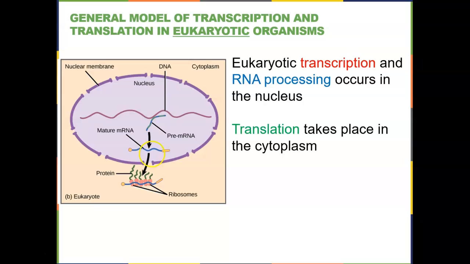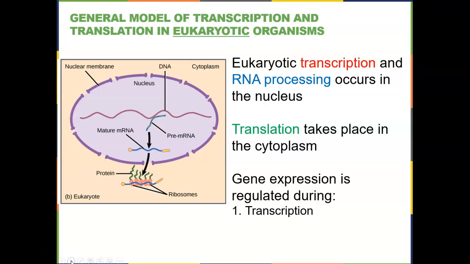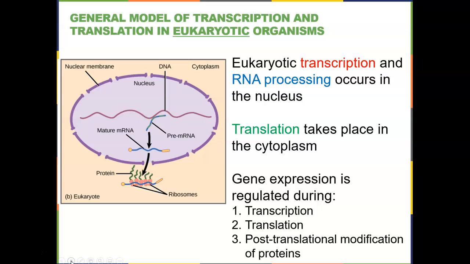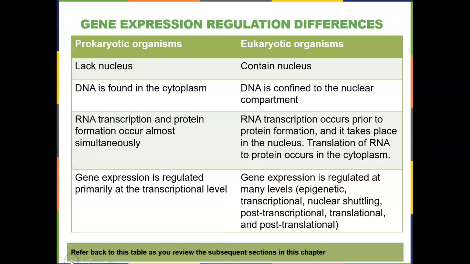So we see that these take place in different compartments. Therefore, the regulation can happen during transcription as well as translation, and actually even after translation by modifying the constructed proteins. Here's a great chart which compares prokaryotes, bacteria, with eukaryotic organisms at every level and how regulating genes is different between the two groups.